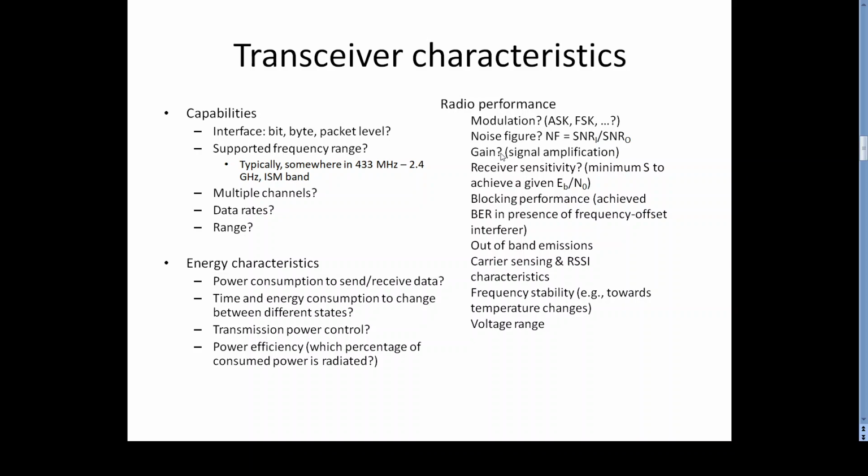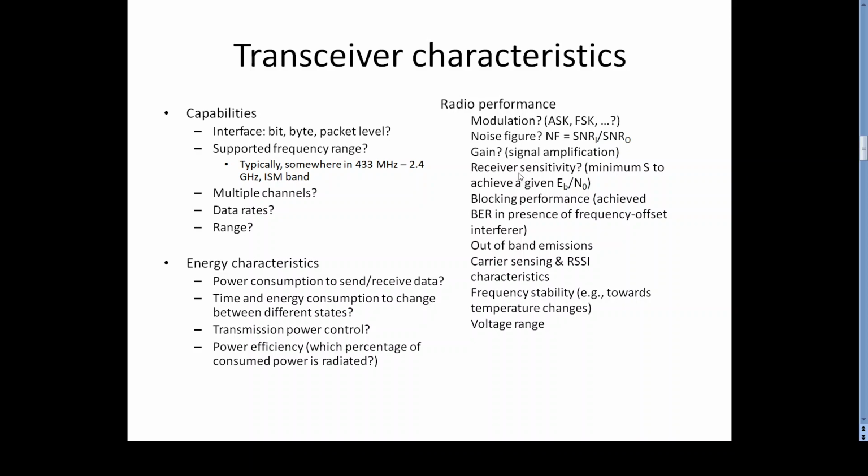Coming to the gain, it is the ratio of the output signal power to the input signal power, and is typically given in decibels. Amplifiers with high gain are desirable to achieve good energy efficiency.